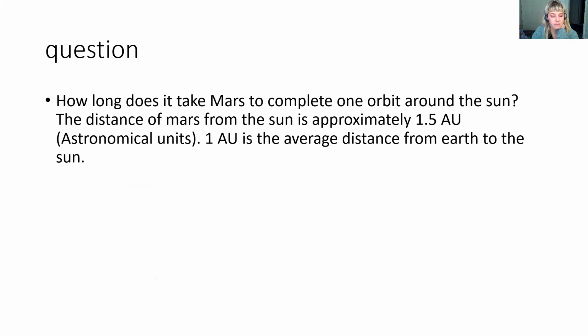How long does it take Mars to complete one orbit around the Sun? The distance of Mars from the Sun is approximately 1.5 astronomical units. Let's do this again. Again, this is Kepler's third law. T squared over R cubed for Mars has to be equal to T squared over R cubed for Earth.